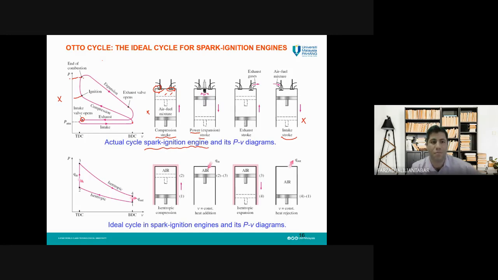But the maximum pressure which we have in the cylinder is at the beginning of our power expansion stroke, and we are interested in having this. Because, however the ignition is before the top dead center, we don't want the maximum pressure at that point, because if the piston is going up, the combustion reaction will try to push down the piston.